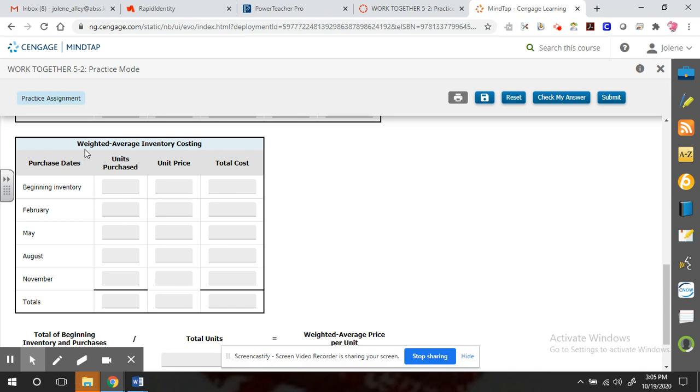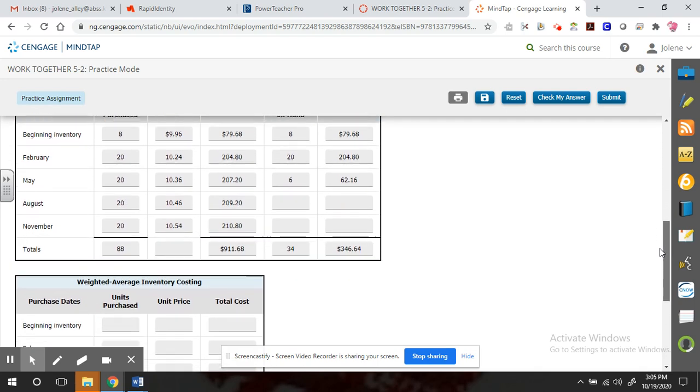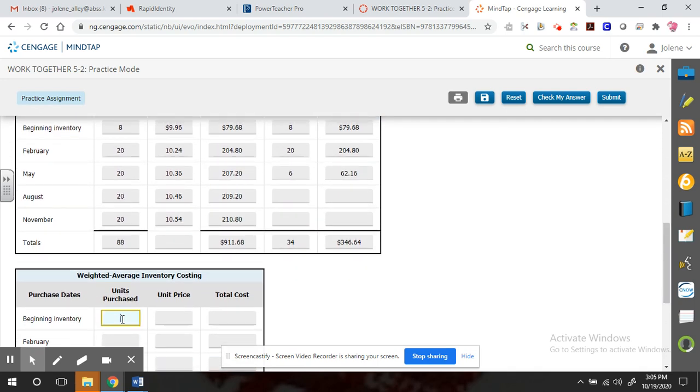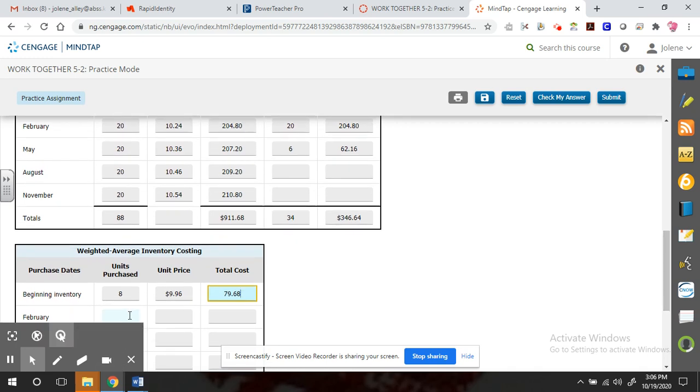Now, the last one that we have to do is the weighted average inventory costing. And this, we have to pull down the same dollar amounts here. So we have 8, that was our beginning inventory, $9.96 each, and the total cost was $79.68. And then we come down to February, where they bought 20 more air filters at $10.24.